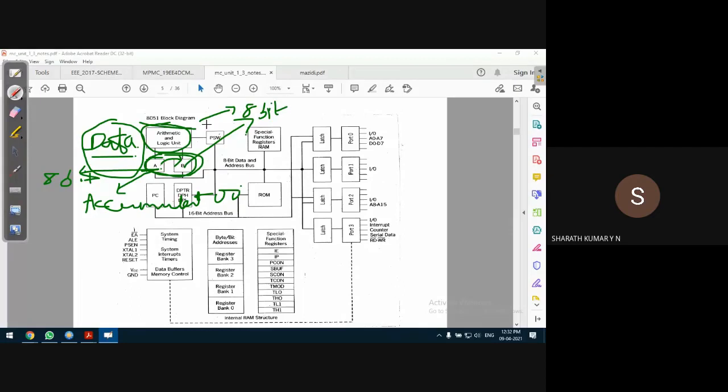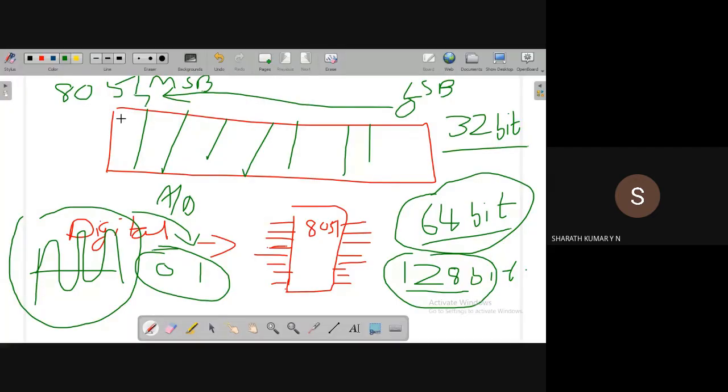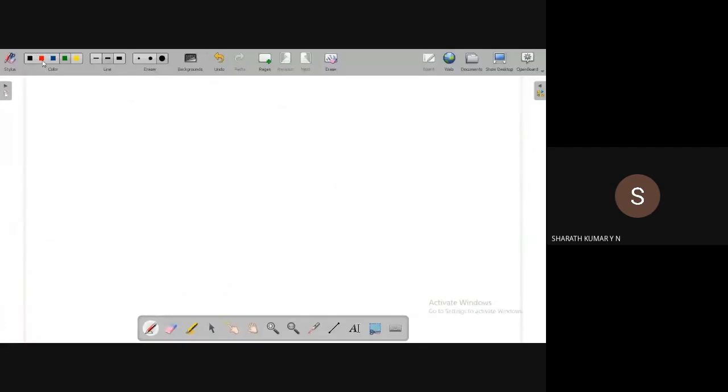Let us understand like this. Let us say using the 8051 microcontroller, we need to process 16-bit data, or some data larger than 8-bit.